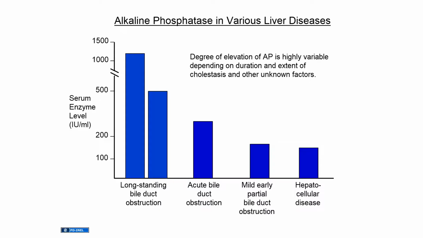And usually alkaline phos, although it could also be elevated in hepatocellular diseases, the elevation of your alkaline phosphatase in hepatocellular diseases is not that high compared to the elevation of your alkaline phos in conditions that are associated with bile duct obstruction.